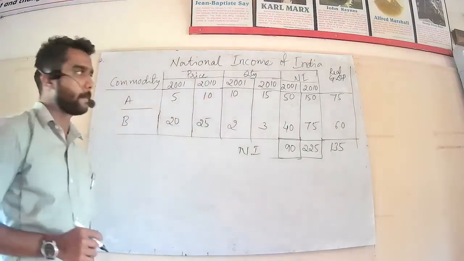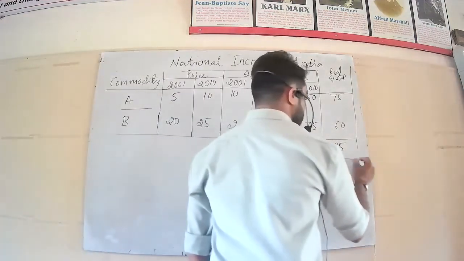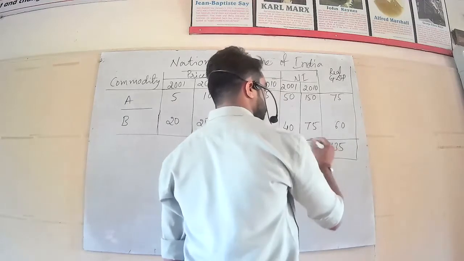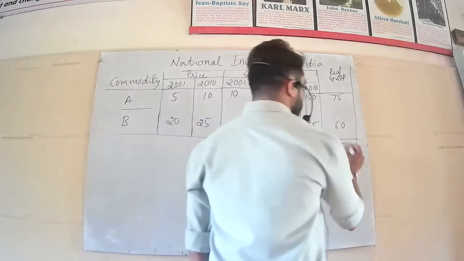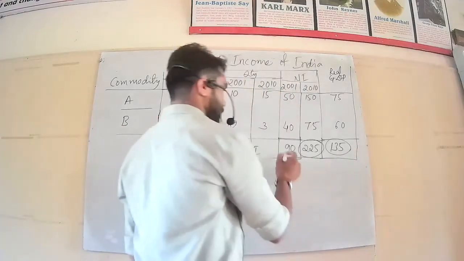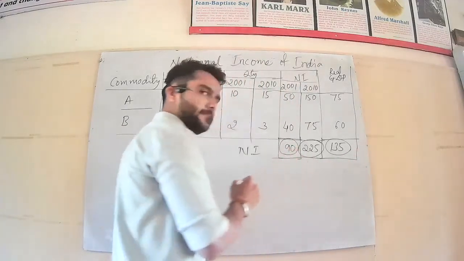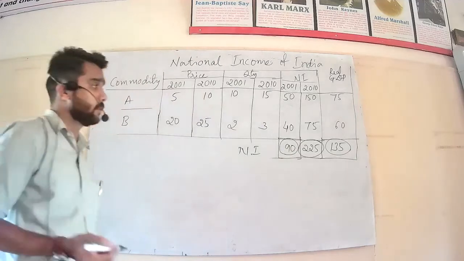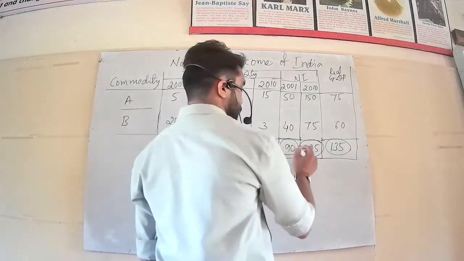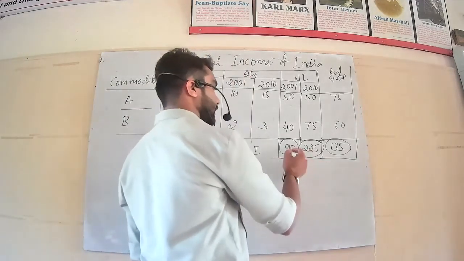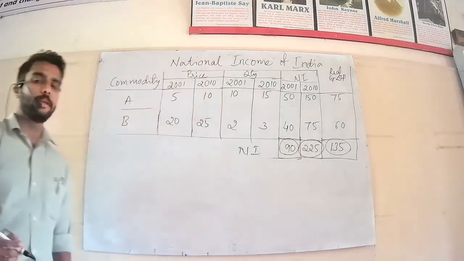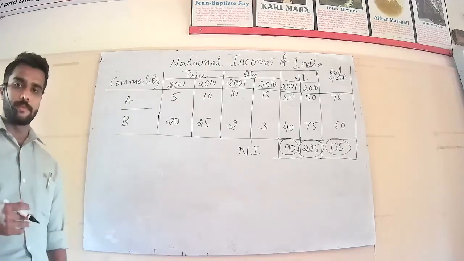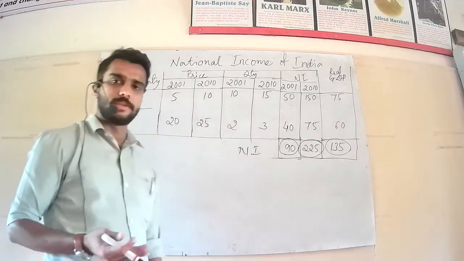135. So can you see the huge difference between the nominal GDP values and the real GDP values compared to the 2001 data? We thought the income increased from 90 crores to 225 crores, more than 2 times, isn't it?